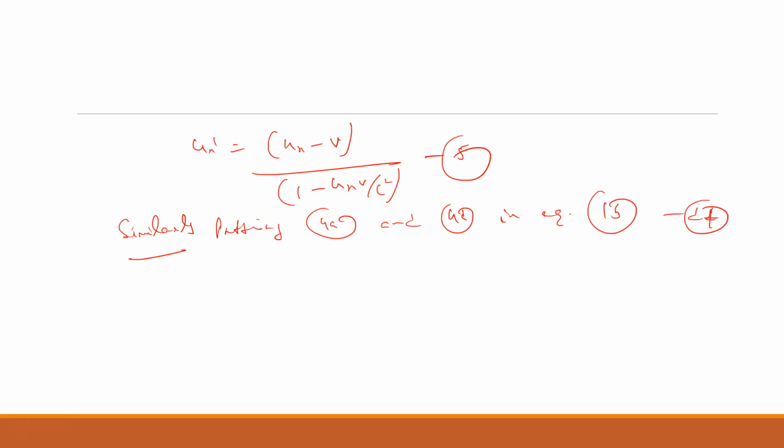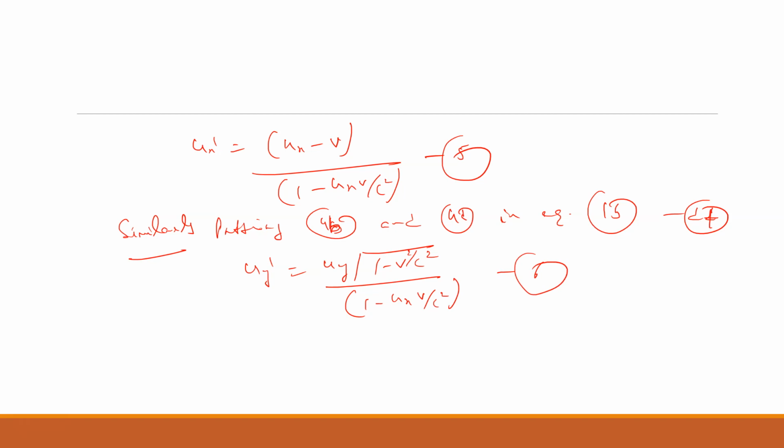Now you will put 4b and 4d; earlier you put 4a and 4d. Steps are the same. You will get uy dash equals uy root of 1 minus v square by c square divided by 1 minus ux v by c square, equation number 6.